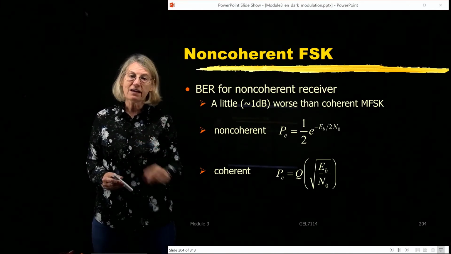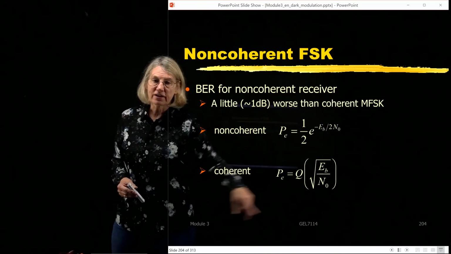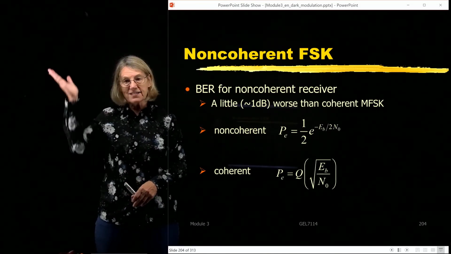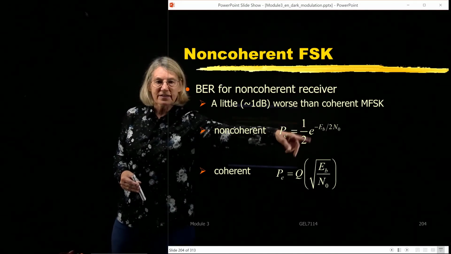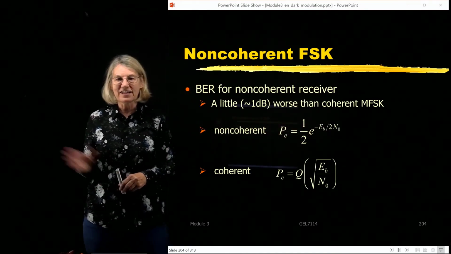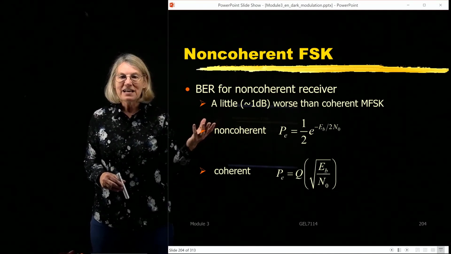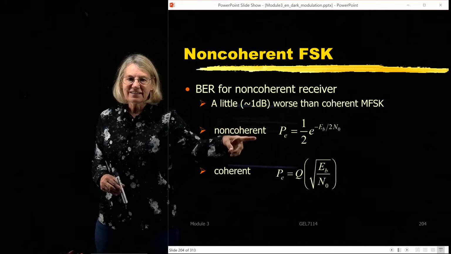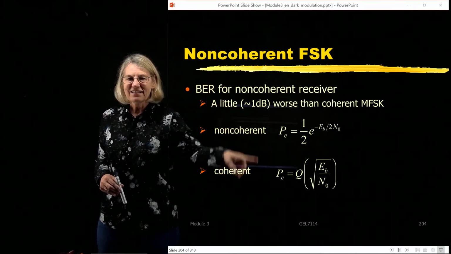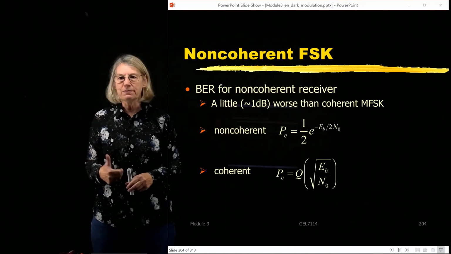We can compare that with the performance of our coherent receiver. Here we have this Q function. The Q function has an exponential decay, which can be easily approximated in a certain regime by also a decaying exponential. So it's easy to find that asymptotically, the difference between these two performances comes out to be about 1 dB.